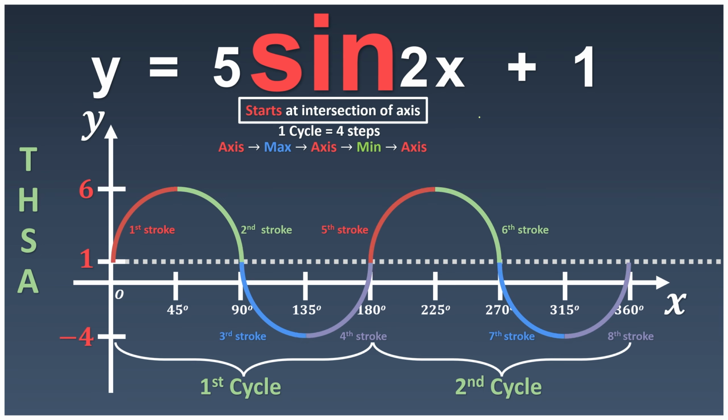Sometimes they will give you a limit where they say you are only required to draw the graph only until maybe 0 degree and up to 270 degree. So how do we settle this kind of thing? You can do it like a cross. You can think of like we have the number of strokes and the angle.